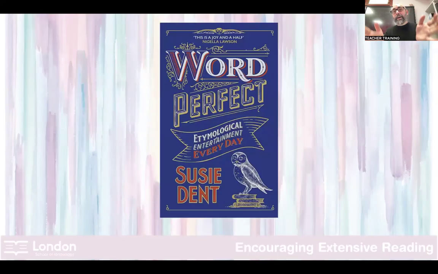All this information about the origin of the words and so on has been taken from this book, Word Perfect, and this is a way of possibly encouraging students as well. Okay, so you give them this kind of information, you tell them, okay, where do you think it comes from, and so on. Well, here you have the book, and you have many more words you can learn and where they come from, and so on. Okay, so it might be a good way of motivating them.